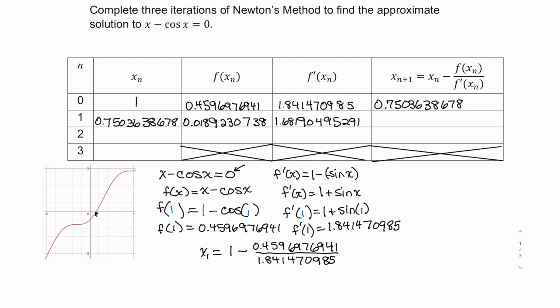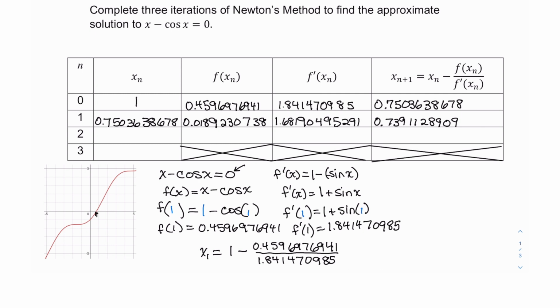And then we will take our 0.750363868 minus the quotient of 0.0189230738 and 1.68190495291, and you'll have the next iteration approximation of 0.7391128909.